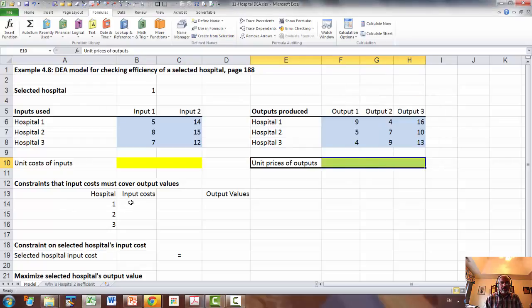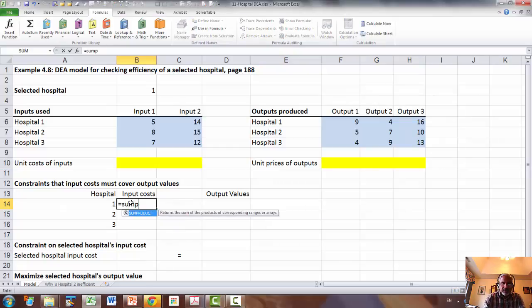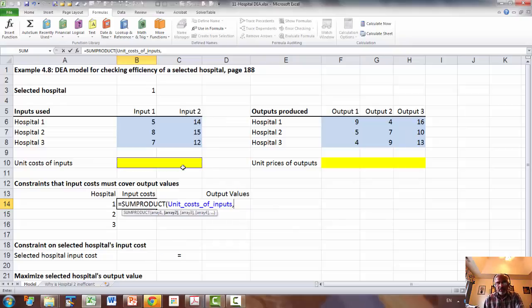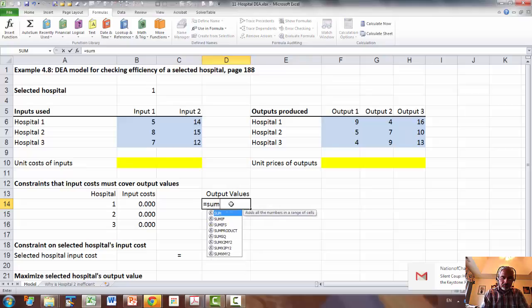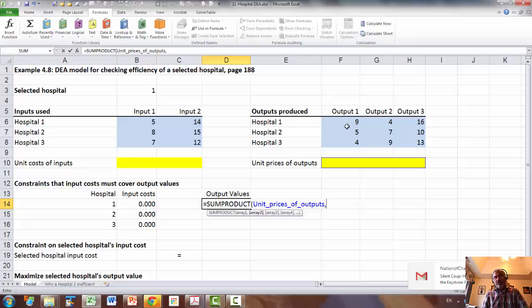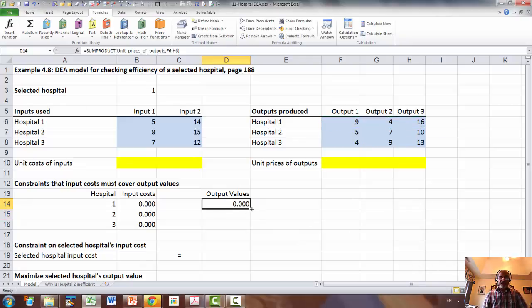Okay. So now the input costs are some products of the pricing or costing in this case with the inputs actually used. So for a given pricing, this will be the costs of these different hospitals. Now output value will be some product of the output pricing with those outputs. Okay.